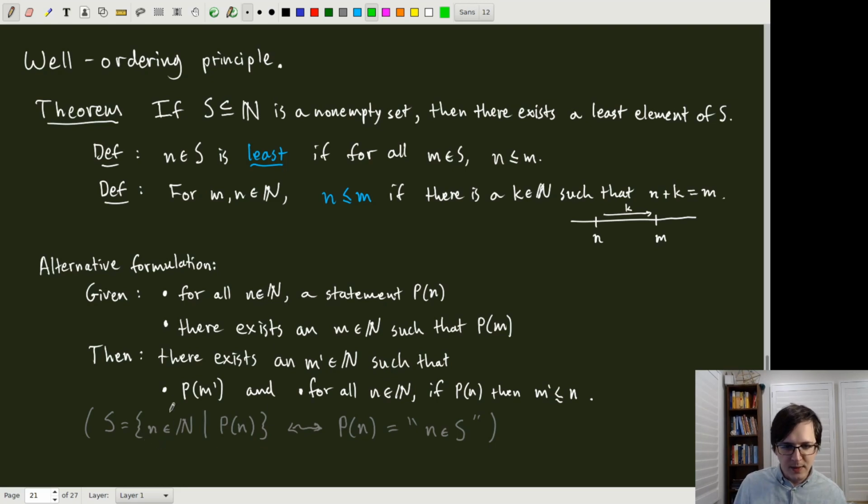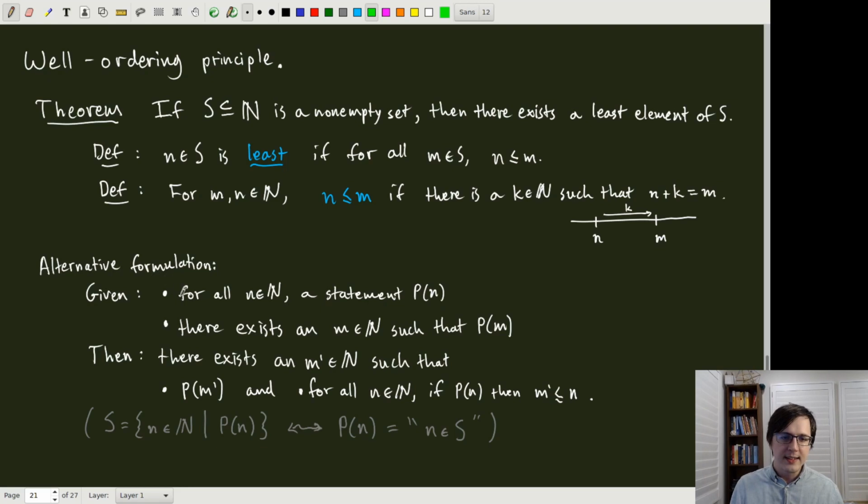If you have a statement for every natural number, you can form the set of all those natural numbers for which the statement is true. But also, given such a set, you can get a bunch of statements by having the nth statement just be the question, is n an element of the set? So P is like the indicator of whether or not an element is in the set.